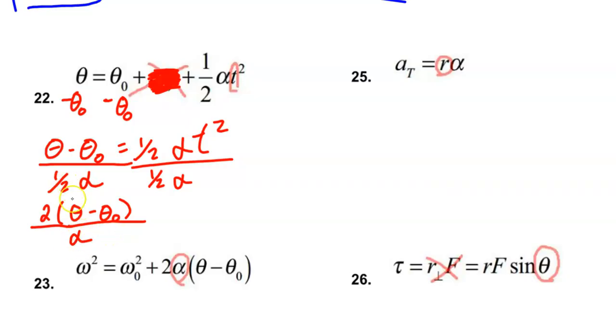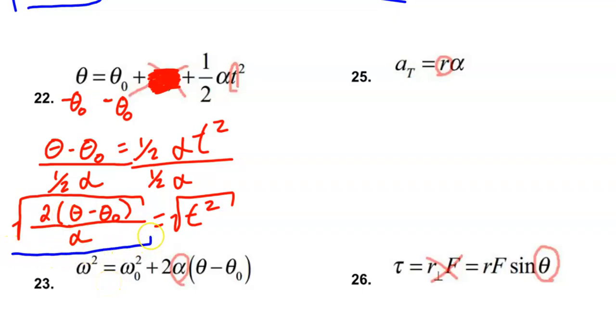Remember, dividing by 1/2 is the same as multiplying by 2. Okay, and that equals t squared. And then to undo the squared, we're going to take the square root to isolate t. And there you have it. That's the square root of 2 times theta minus theta 0 over alpha. That is your solution for that one.